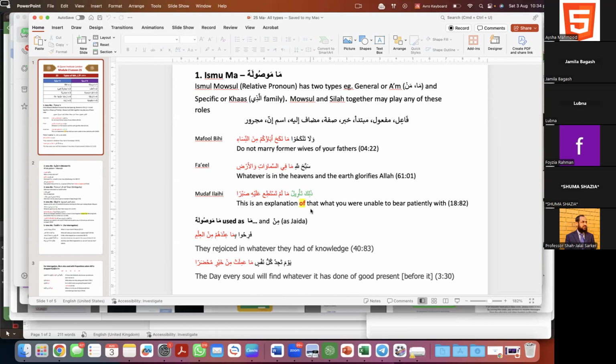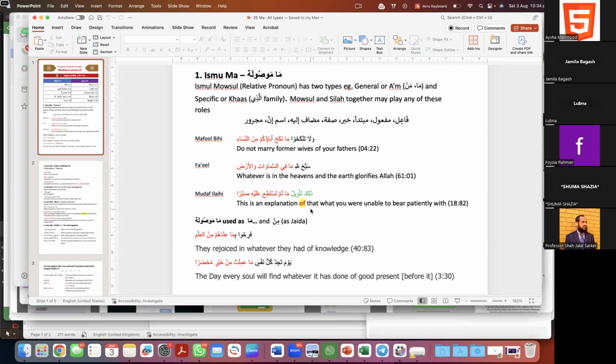If it is an object, ma is coming, Ismul Mawsul, as a connector. It connects the subject with the Silatul Mawsul, you know that. That ma will be acting for things, non-being, and man for human beings. In English, for example, Kareem, who is my employer: Kareem is a human being, so it will be man. And you say, the book that I read, I like it: that is an object, non-being.